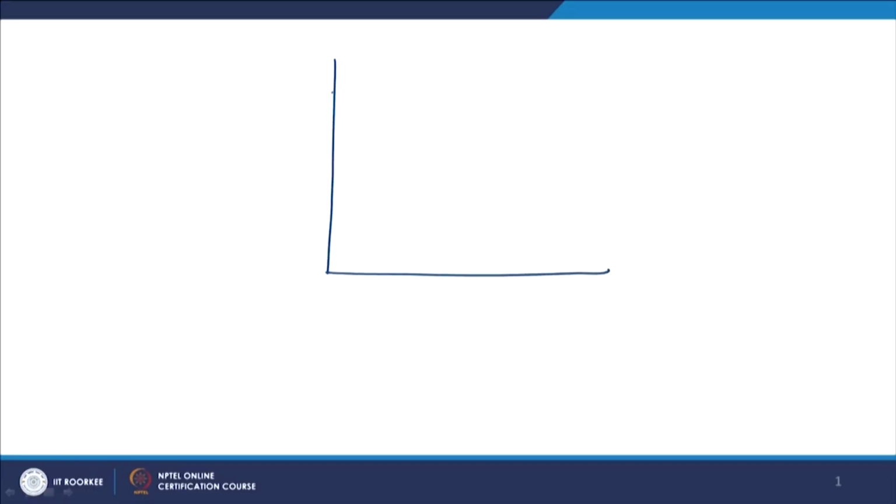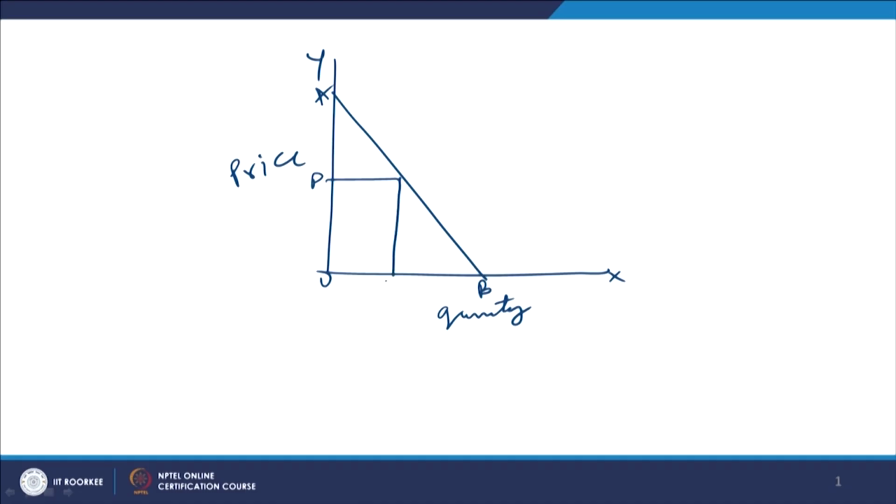This is our linear demand curve AB. Price is taken on the vertical axis and quantity is taken on the horizontal axis. This is our initial price, say OP, and quantity is OQ, and this is our consumer surplus. So, PAC is our consumer surplus.